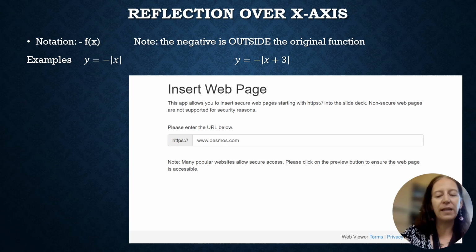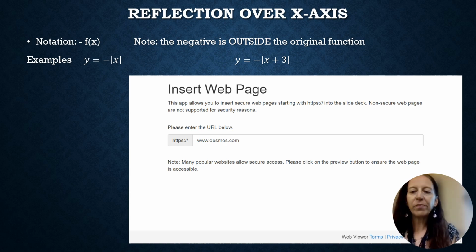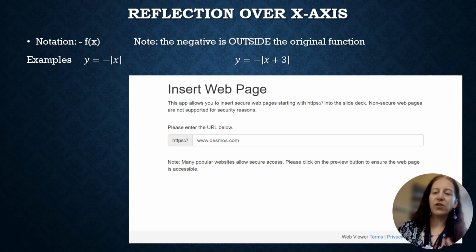And the first one is just taking the parent function and flipping it over. Okay, so we have negative absolute value of x, and I'll minimize the keyboard so you can see what's happening there. Okay, and so we take the red function and we're flipping it over the x-axis, so the x-axis is like acting as our mirror.